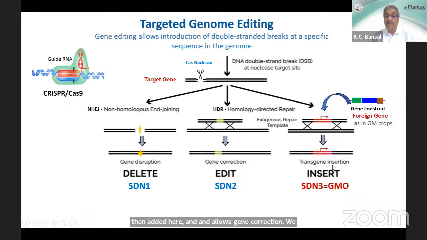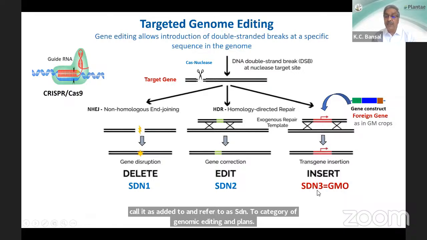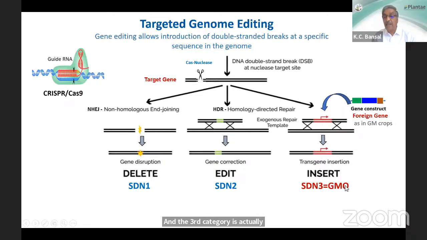And the third category is SDN3, which is exactly equivalent to GMOs or GM crops, wherein a foreign gene, as I mentioned before in case of GM crops, is inserted, except that it is inserted here through a process of homologous recombination into a well-defined, identified location on a genome. So that's the difference. When you develop GM crops, it gets integrated randomly. But here it's also a GM crop, but it is integrated on a predefined site.